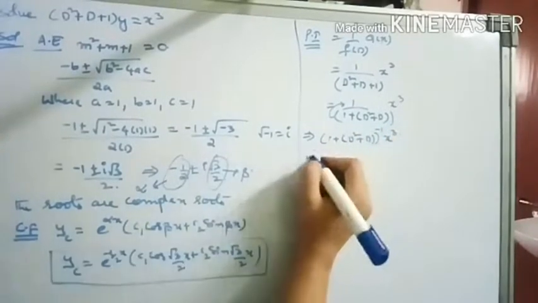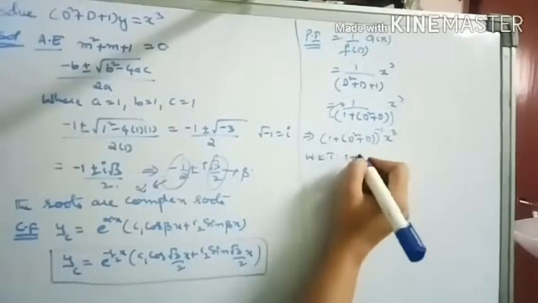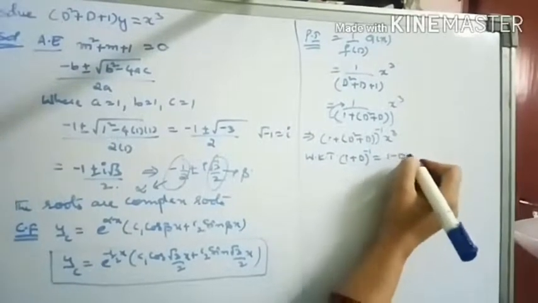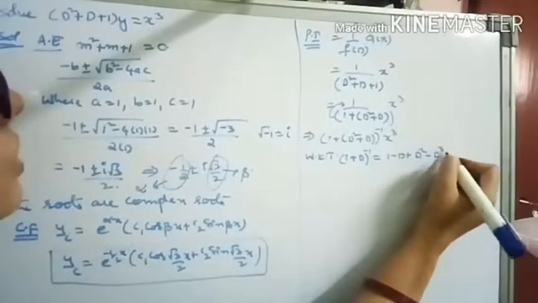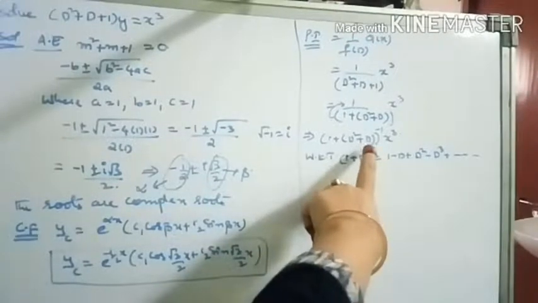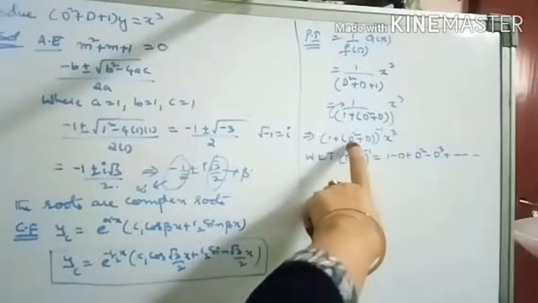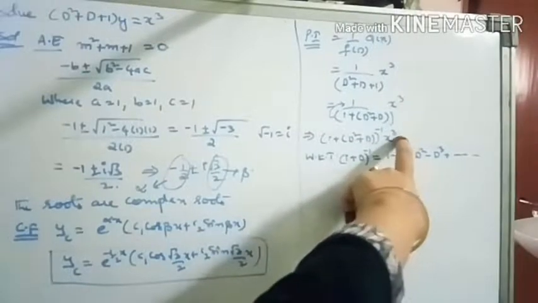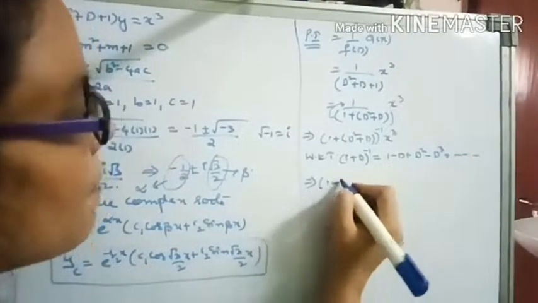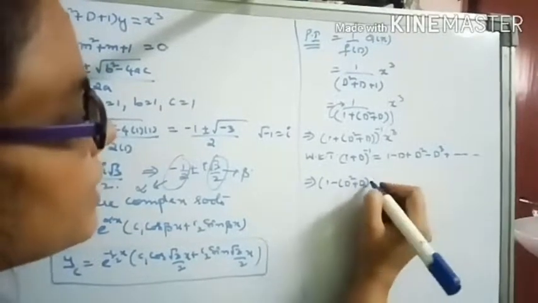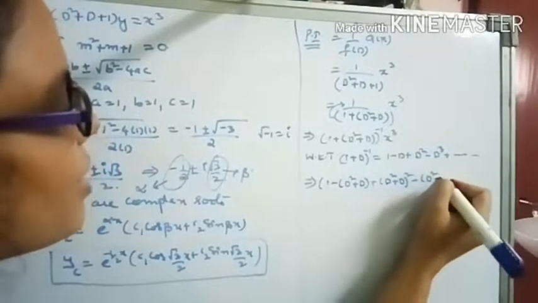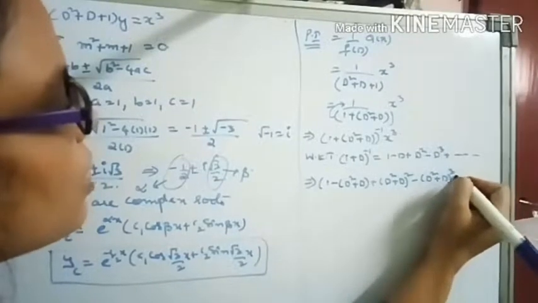We know that 1 plus D to the power of minus 1 is equal to 1 minus D plus D square minus D cube plus and so on, where D is nothing but your D square plus D. After opening by using the binomial expansion, we are going to multiply that x power 3 to each and every term: 1 minus D square plus D plus D square plus D whole square minus D square plus D to the power of 3 plus so on.